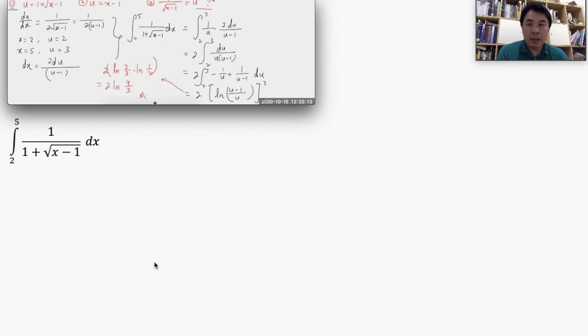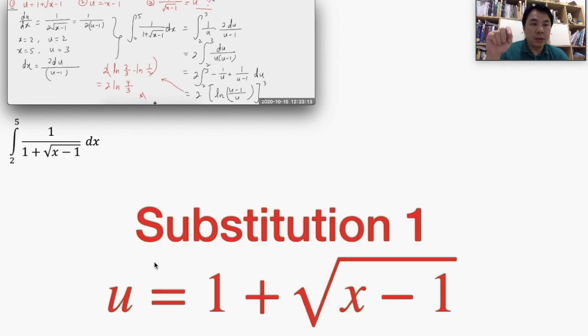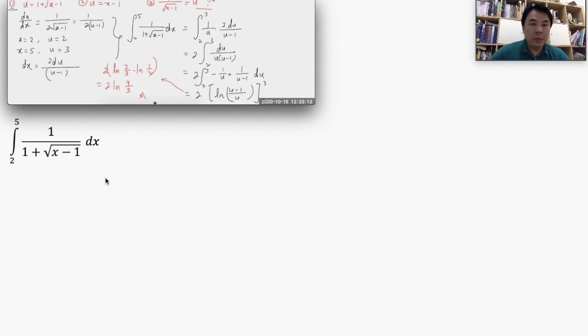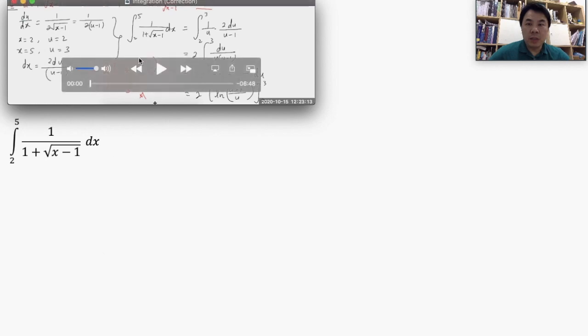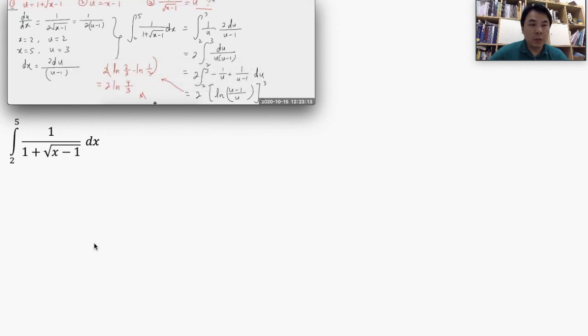Now, let's take a look at the first choice below here. Substitution using u equal to 1 plus square root of x minus 1, mainly for solving this integration. Now, I have worked out this working here with my students, and we found that the answer does not tally with what the calculator was showing.